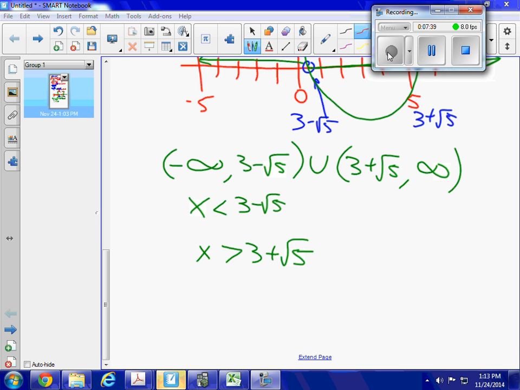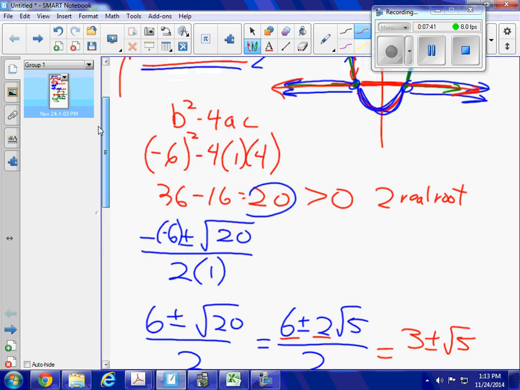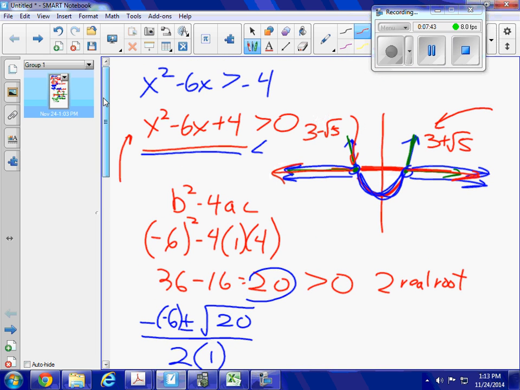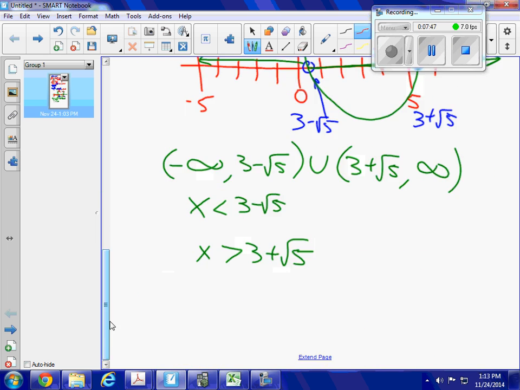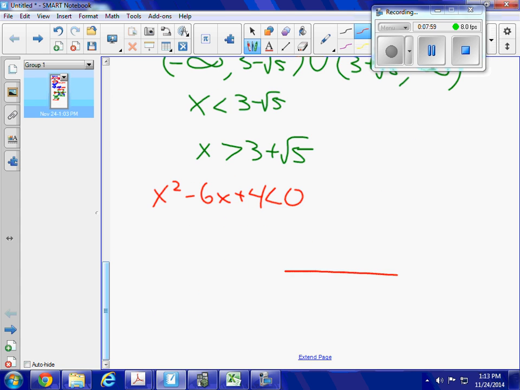If it had been x squared minus 6x plus 4 less than 0, I still would have had the same zeros, there and here.